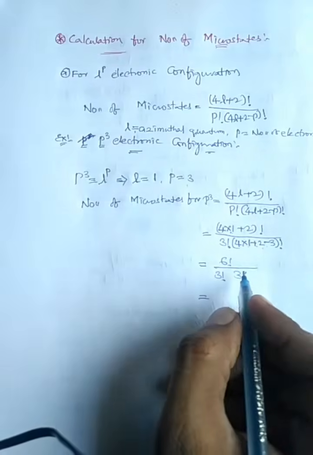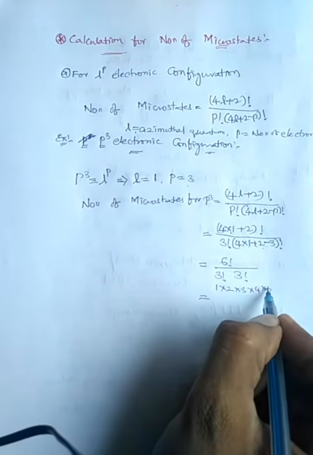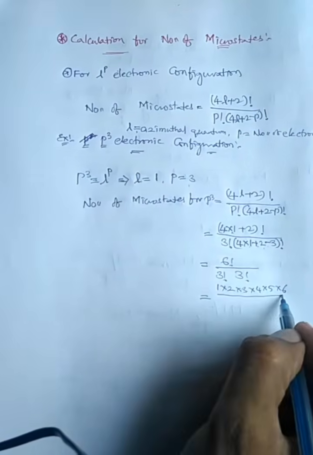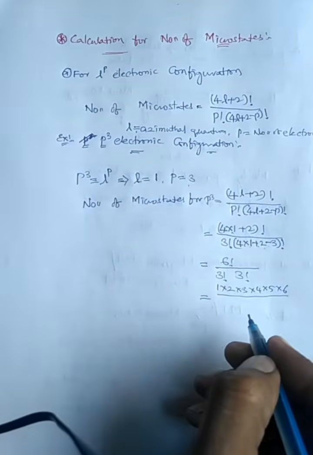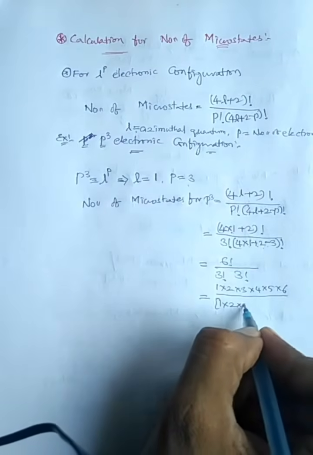So writing the 6 factorial, it is 1 into 2 into 3 into 4 into 5 into 6, that is how we define the factorial. The 3 factorial is nothing but 1 into 2 into 3.